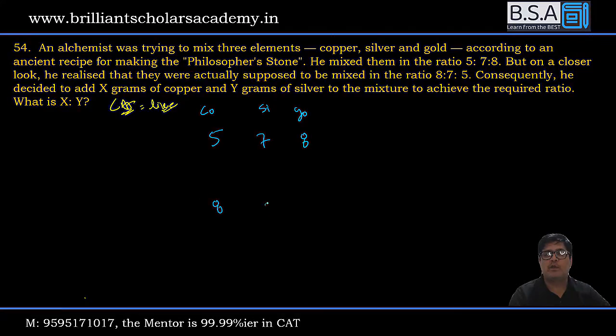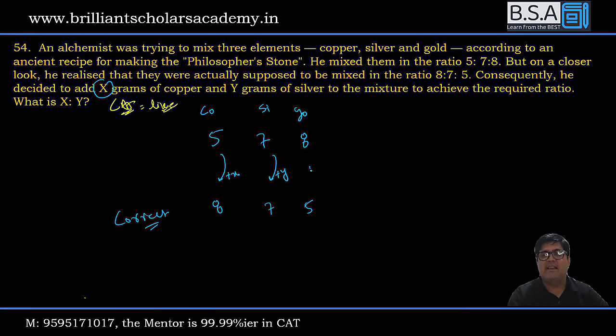He was supposed to make this ratio. To make the correct ratio, what has he done? He has added some grams. He has added, not multiplied. He has added some grams of copper and some grams of silver.